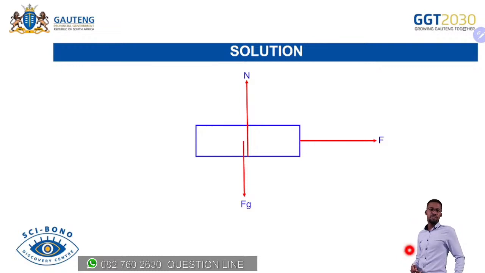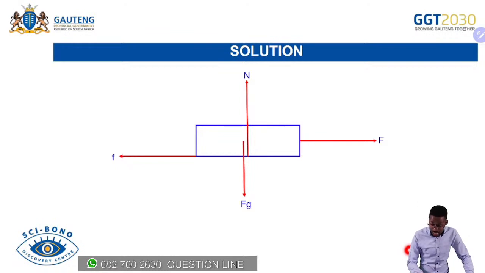And the frictional force opposes the motion, so it will act in the opposite direction. It acts parallel to the surface. Frictional force exists between the surface and the object. That is why we draw the frictional force here.